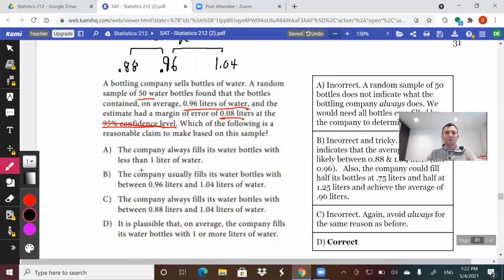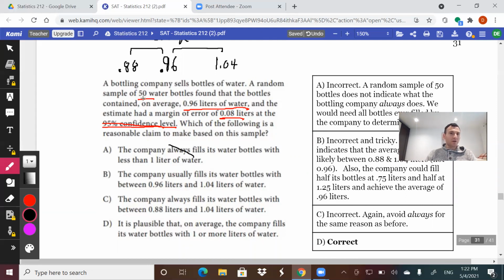The company always fills its water bottles with less than 1 liter of water. Well, we have no way of knowing that based off of this. What they're saying is that the average was 0.96 for the sample, and we think that the average would likely be within this range. So we don't know what always happens.